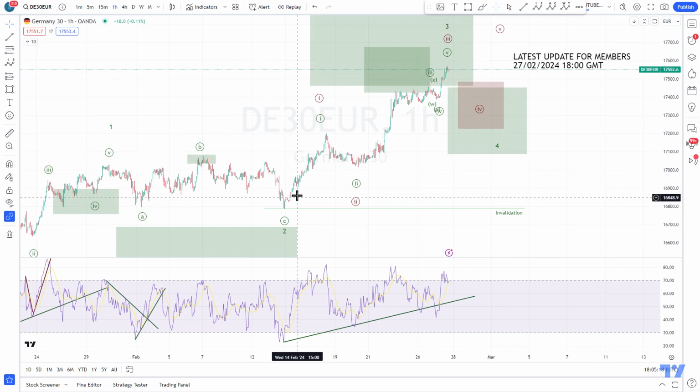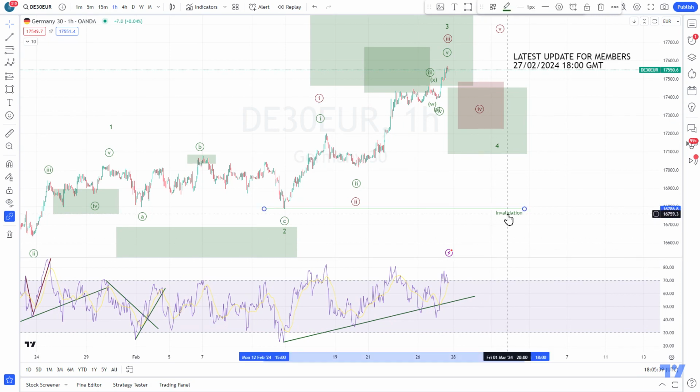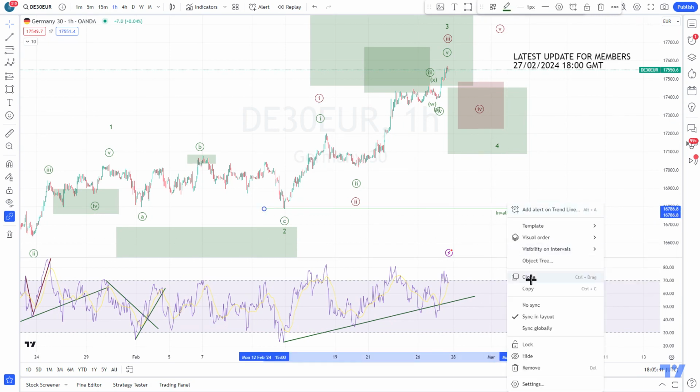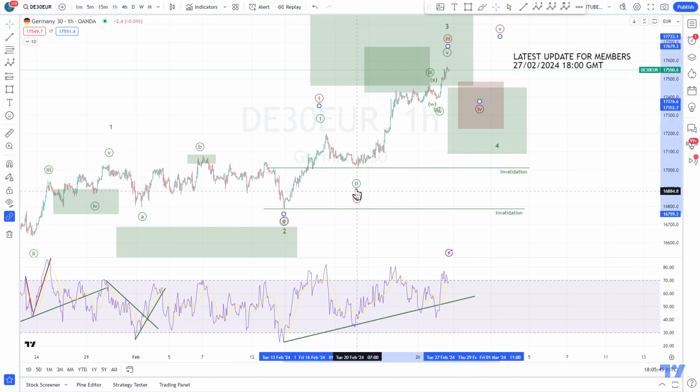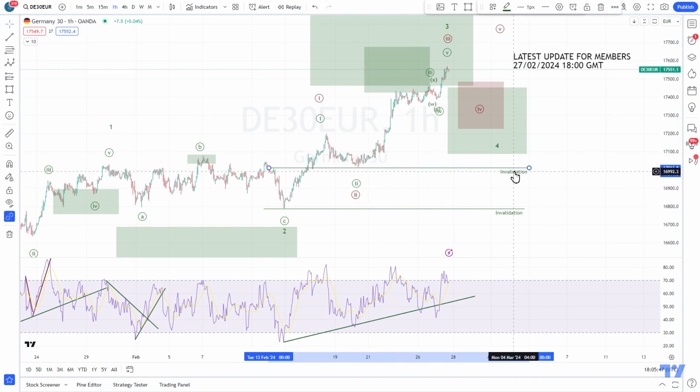If the count in red is playing out, it means the wave 3 is not in yet. And then we might also be looking for a pullback in case the high was in right here, but then the pullback should be more shallow as a wave 4 here in red. And then actually our invalidation level is here, this wave 2 low.